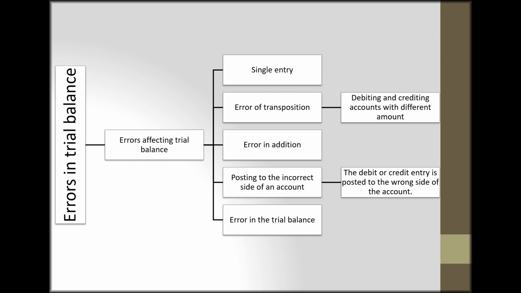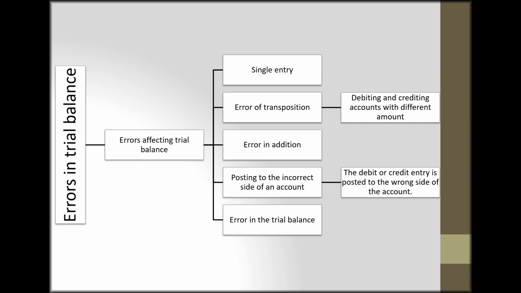Another error could be due to error in addition, where you wrongly add the total of the debit balance or the credit balance. The other reason is posting to the incorrect side of an account. This is where the debit or credit entry is posted to the wrong side of the account.